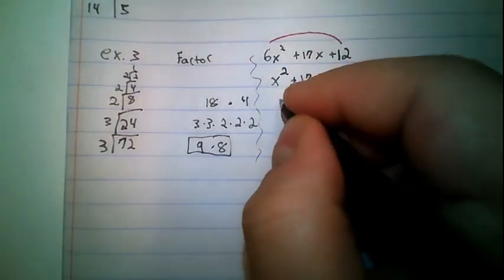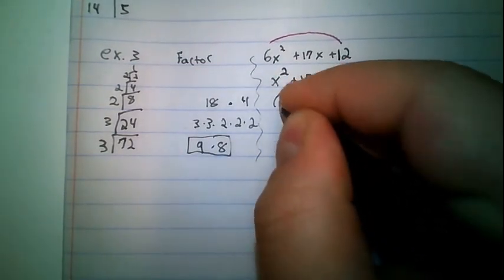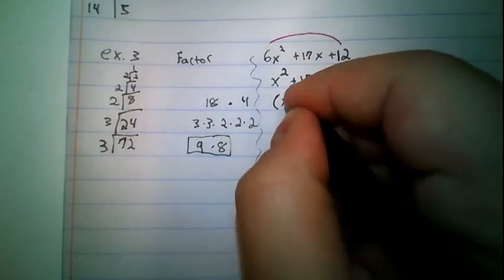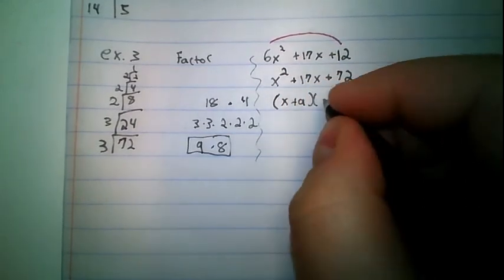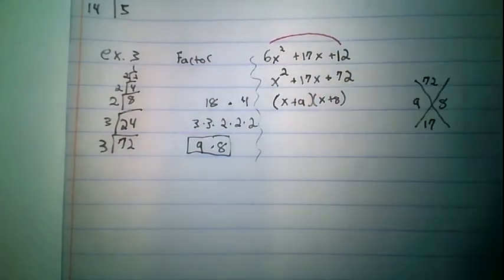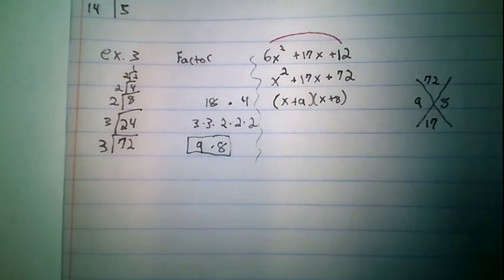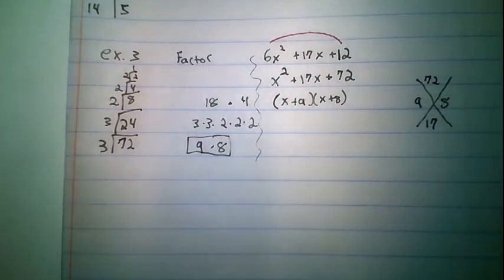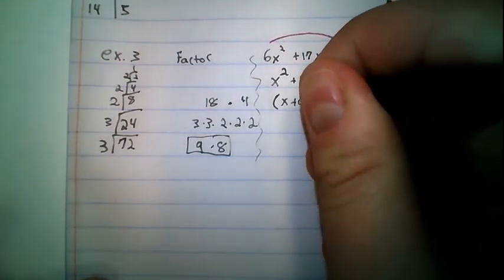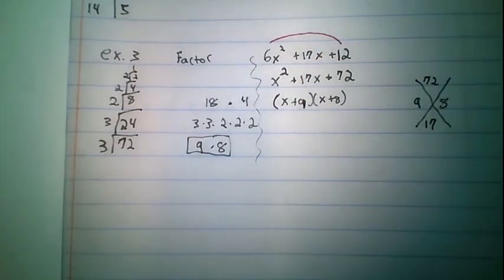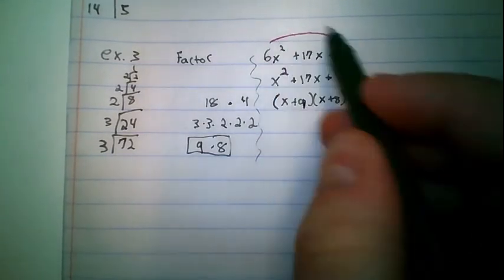So now we're going to set up our parentheses. This becomes x plus 9 and x plus 8. We're not done yet. We have to undo that multiplication. So I now do my division. This is the 9. So I multiplied by 6, so I have to undo that.